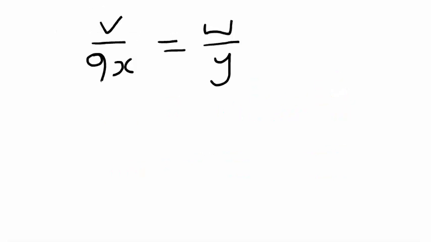Again, this is finding x with this particular equation. So the first thing to do is to try and get the x's on their own. So what I would do here is move the equations upside down, so we've got 9x over v, and do the same on the other side, y over w.